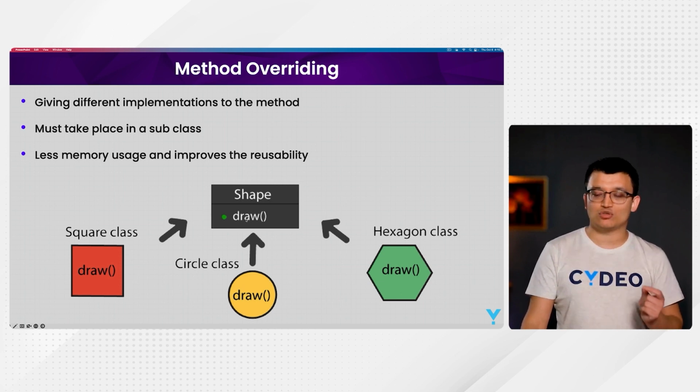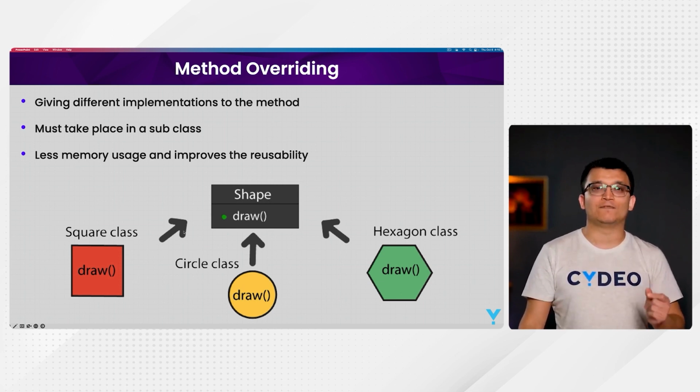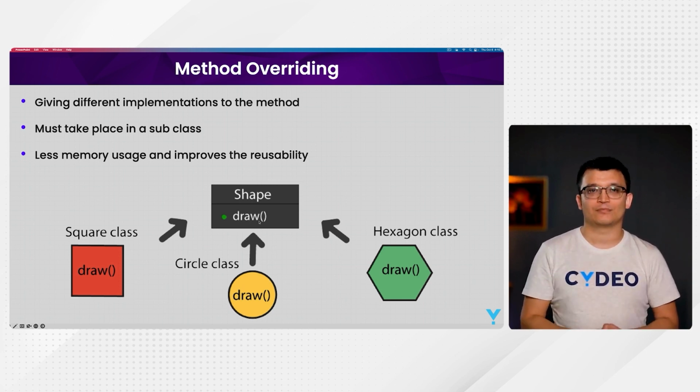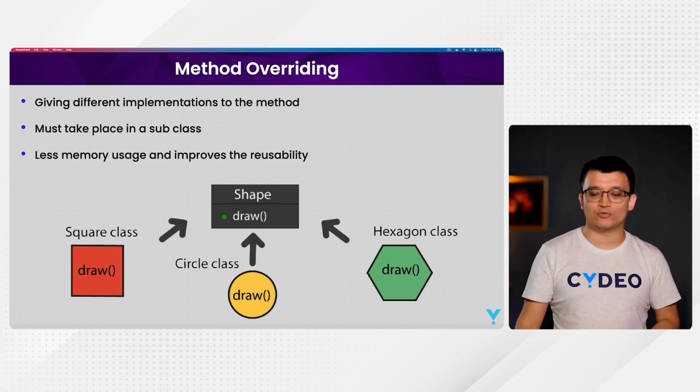When I override it, I will be able to give a different implementation. Because this draw method can only have one implementation within the Shape class, if I need to give a different implementation to it, I have to override it. So instead of creating new methods for those child classes, I can continue to use this draw method. I just need to override it.